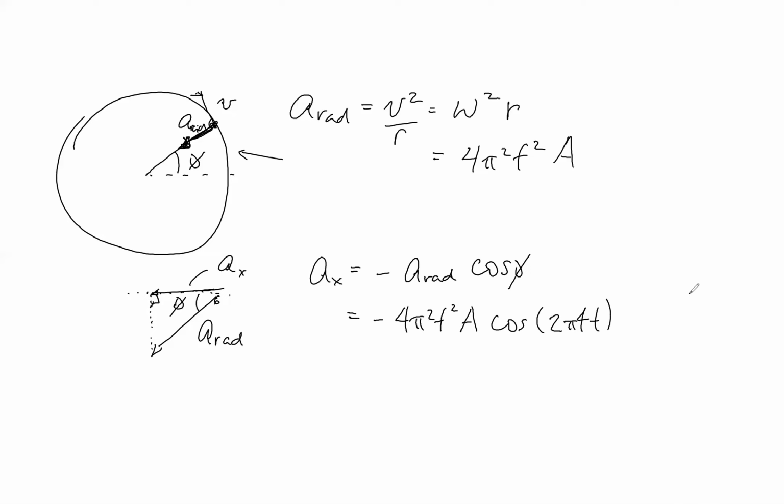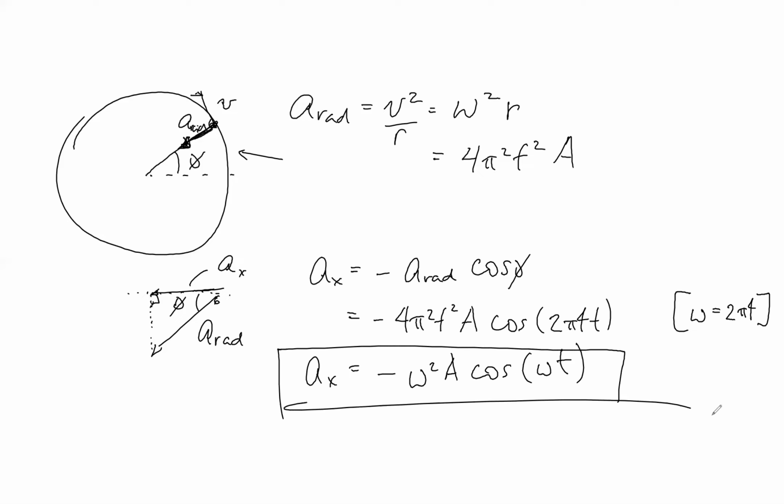But remember, maybe this didn't need to be done in this one extra step, but 2 pi f is equal to omega. So it allows me to write simply a sub x equals minus omega squared A cosine of omega t. Now I wrote out all this stuff. Oh, and this is the acceleration in the x direction, okay?